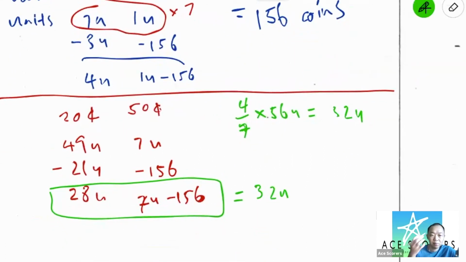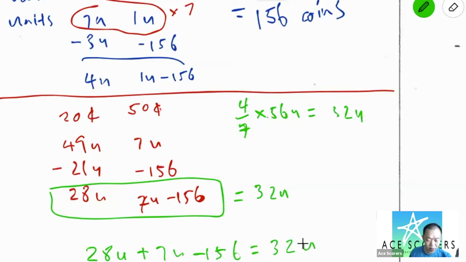So you see, it's complicated. Yeah, units and parts is their signature move, right? If I take 32 minus 28, I get 4 units. Wait, let me write down for you so you see what I see. So 28u plus 7u minus 156 equals 32 units.